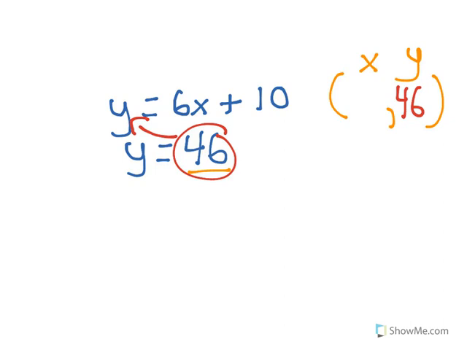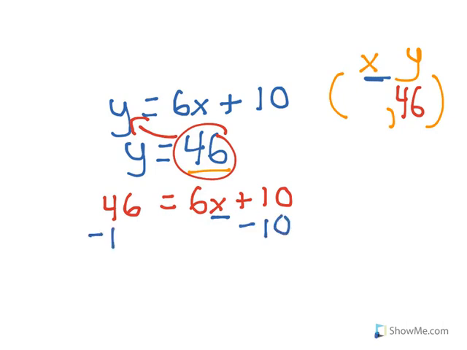So I'm going to rewrite this equation up here now. Instead of y equals, it's going to be 46 equals 6x plus 10. Now this is a little bit more work than the last example, but not too much more. Our goal here is to now figure out what x is, so we can figure that out, put that answer up here. So I'm trying to get this x by itself, so I'm going to subtract 10 on both sides.